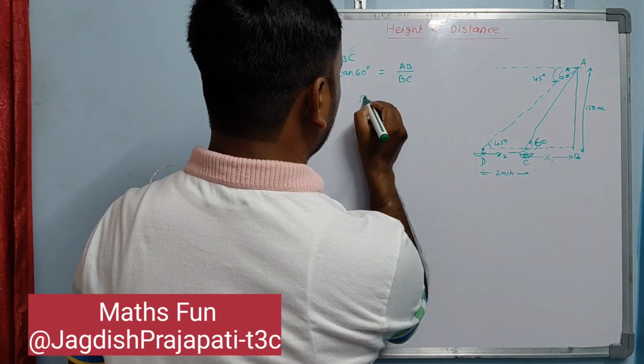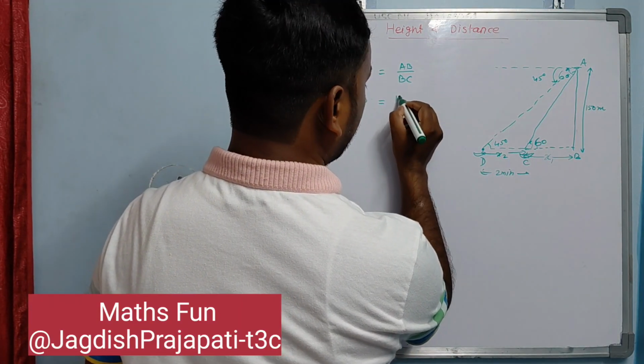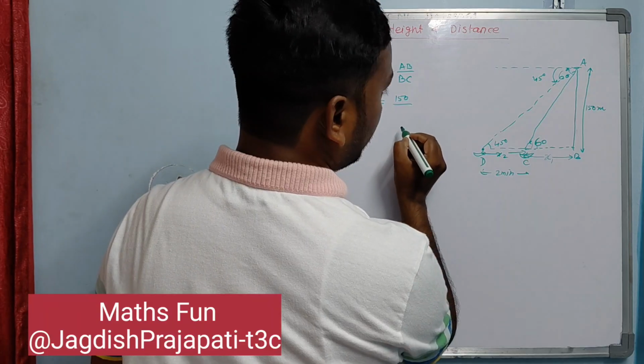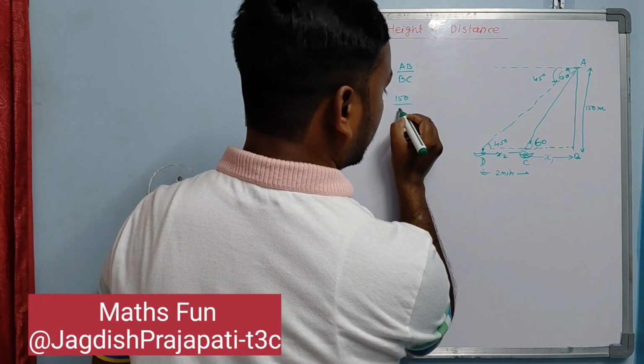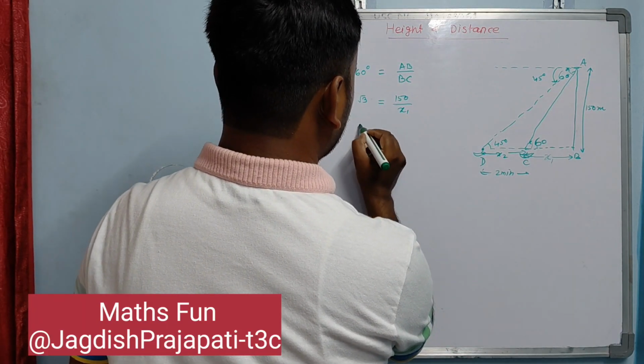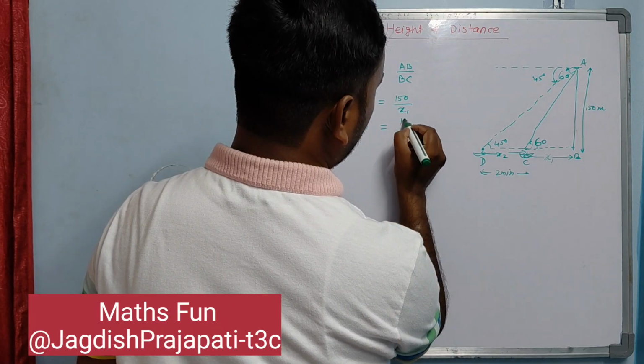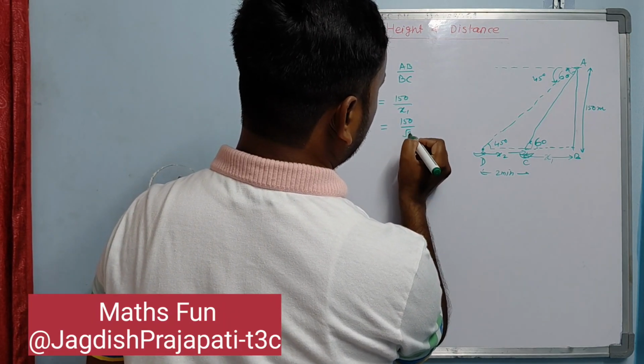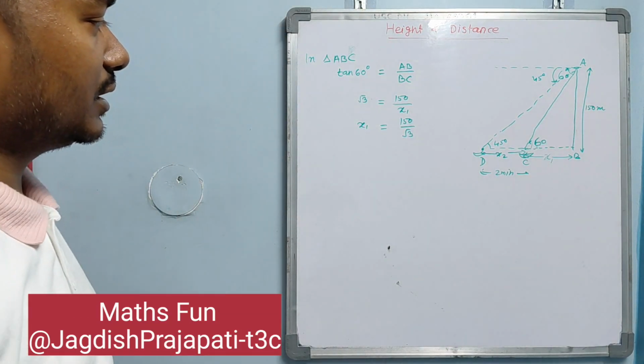Sorry for the hindrance. Tan 60 is under root 3. AB is 150 meter and BC is what we have assumed as x1. So x1 will be 150 by under root 3.